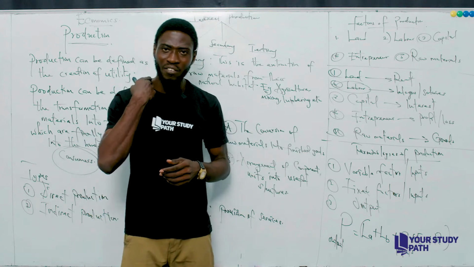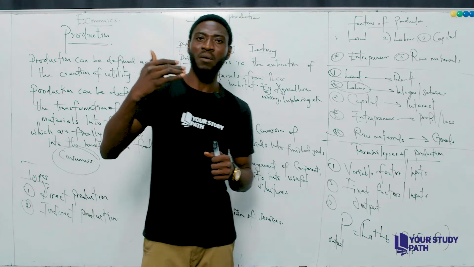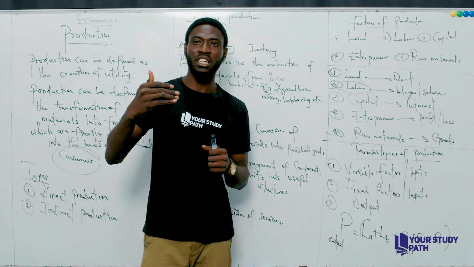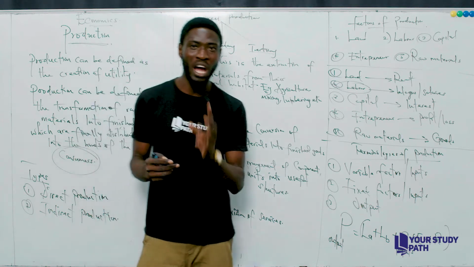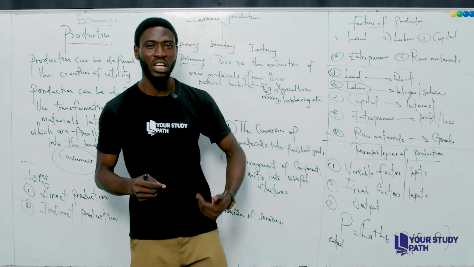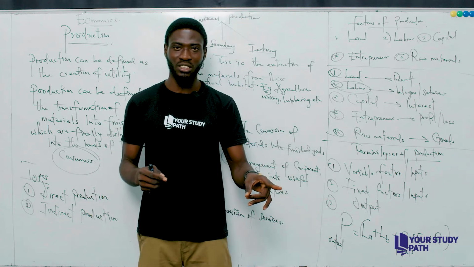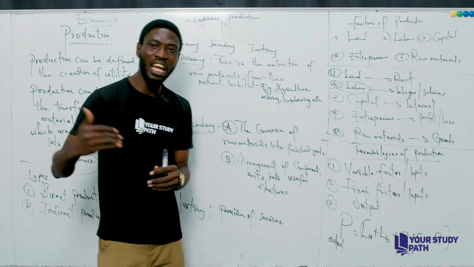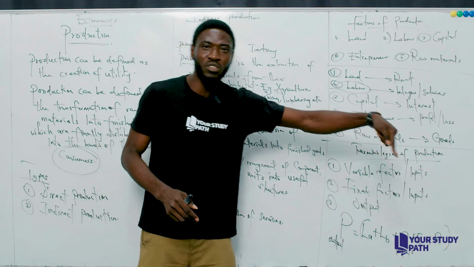Now, you will observe that in mostly every organization, when there is lesser demand for a particular commodity in an economy, the company will try to lay off staff, because there is no demand for its commodities. So it means that the level of demand is affecting the internal structure of the organization.